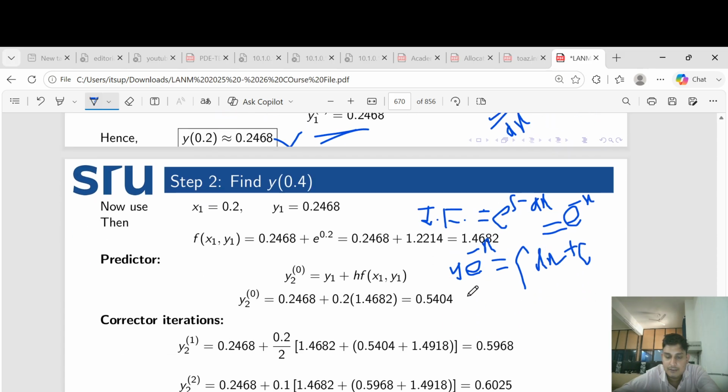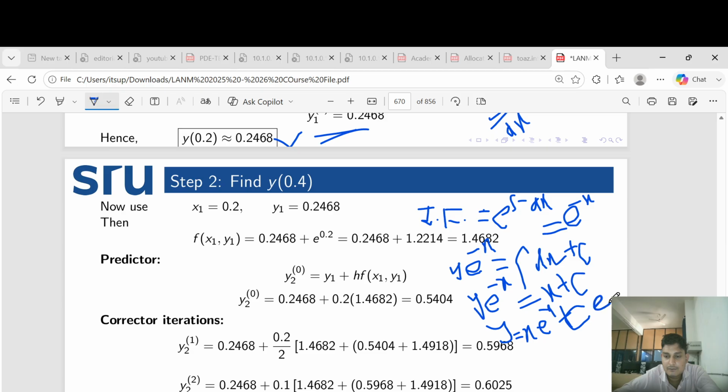So this becomes y e to the power minus x is equal to x plus c, since the integration of dx is x. So y is equal to x e to the power x plus c e to the power x.